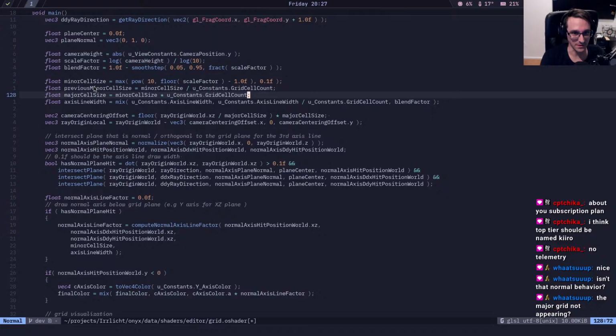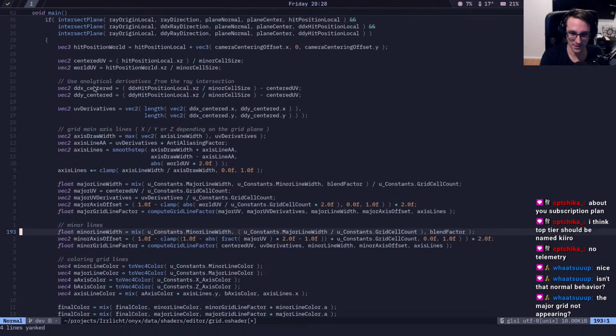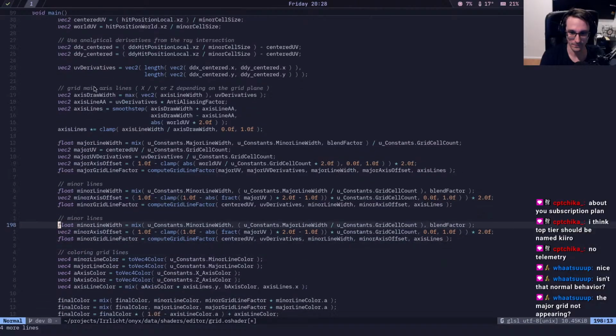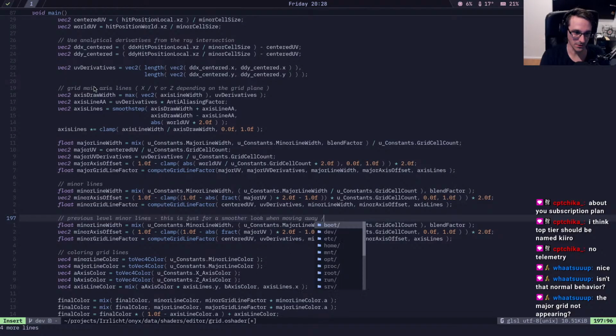So basically this is the next, this is the major size, this is the current minor size, and this is the minor size below us. And I think we take that and fade previous level minor lines. This is just for a smoother look when moving away.